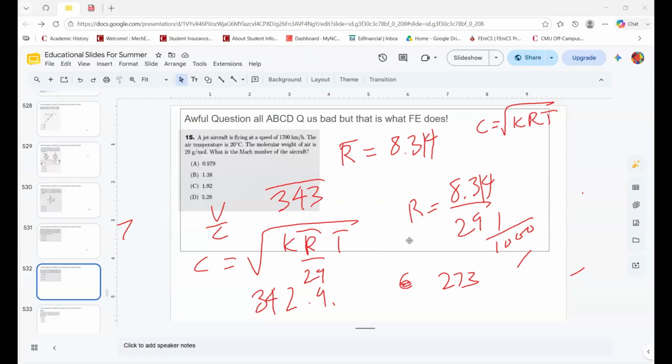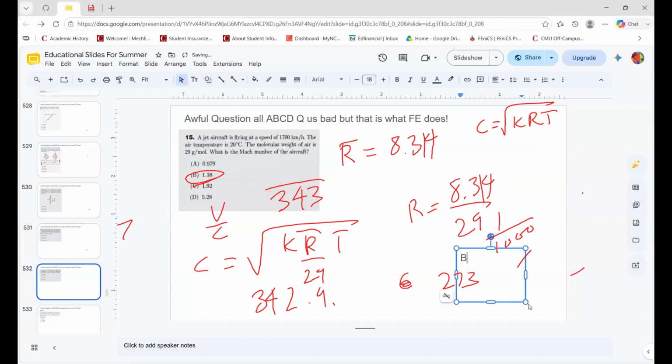Anyway, divided by 343, which is 4.9, about, oh no, sorry, I meant 1.9. 1.38. Okay, 1.38. That's what I get. All right, B. I get the right answer. All right, you're good.